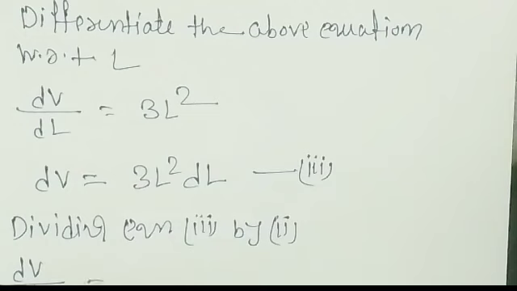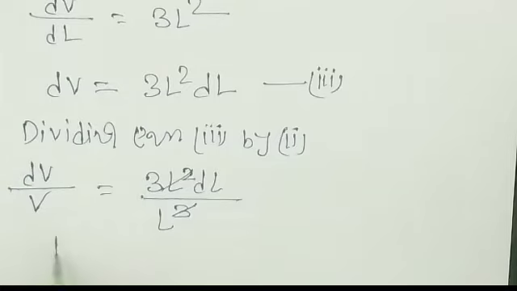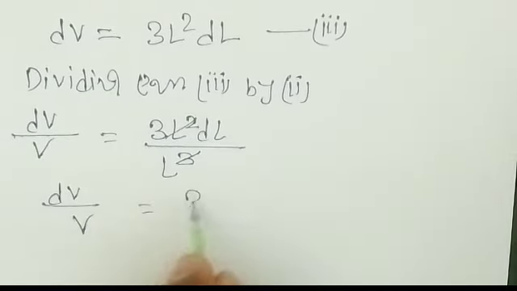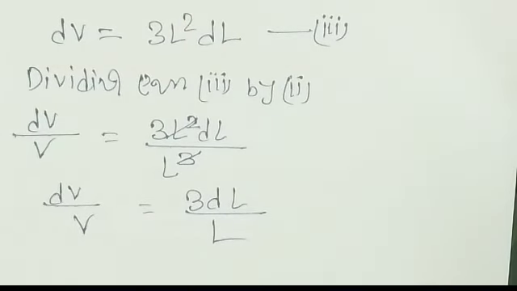So dV by V is equal to 3L square dl by L cube. So this L square and this will get cancelled. So what is that? dV by V is equal to 3 dl by L. Is it or not? Right.